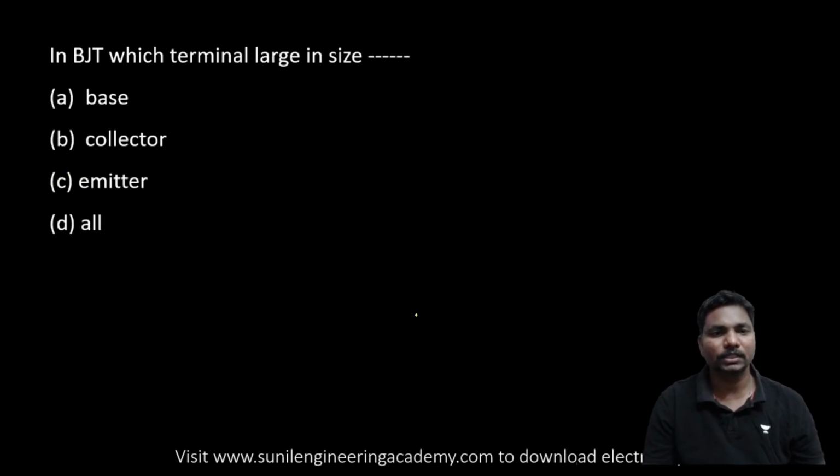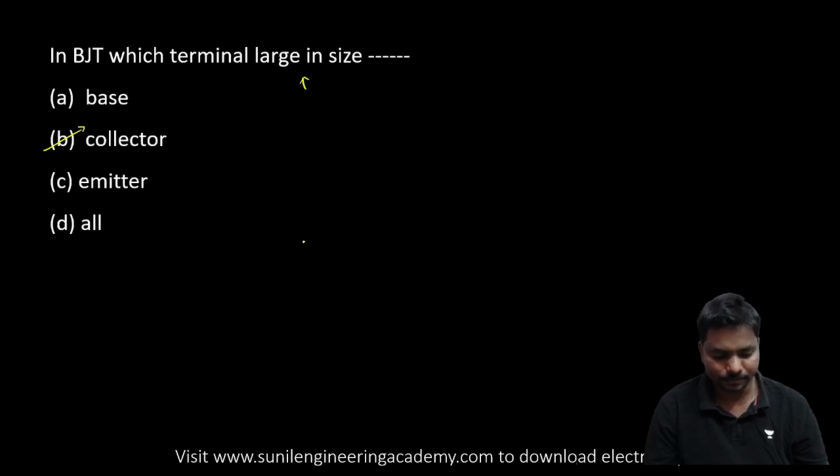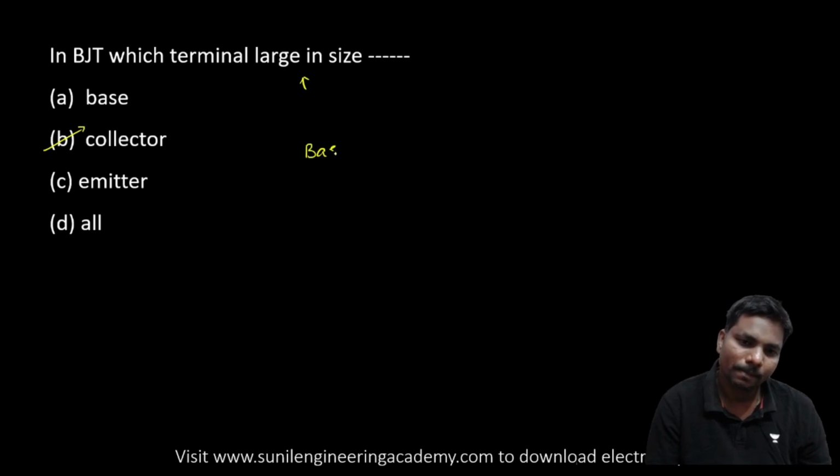Coming to the next one, which is large in size. Here, collector is generally used as the output, so it is used to collect the current. So collector has to be large in size. Coming to the base, it is lightly doped and small in size.